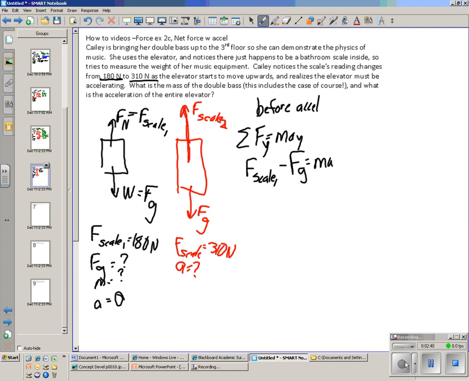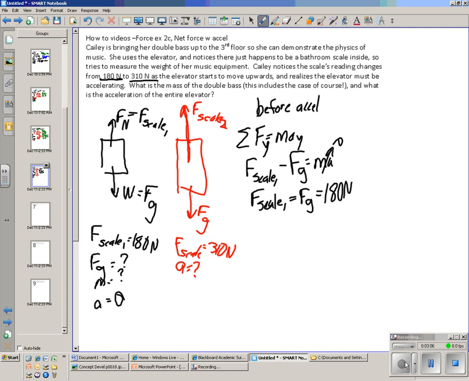In this case, the object is not accelerating, so that means the scale force 1 equals the gravitational force. Or in other words, whatever the scale read in the first case, which is 180 newtons, that is what the actual gravitational force is.